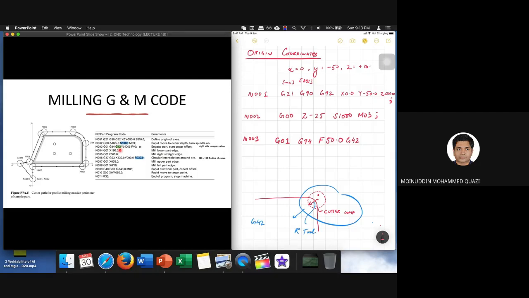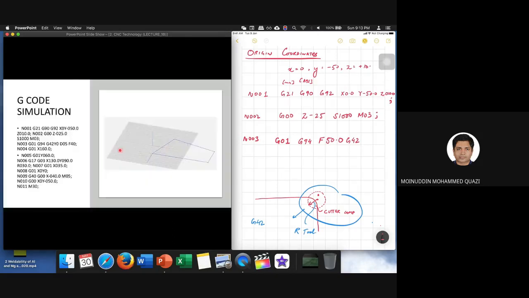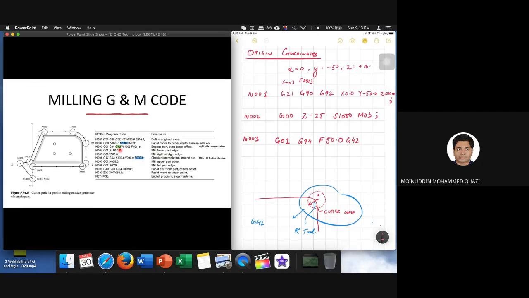How much is the diameter or radius? We have to use the diameter or radius code. I have the code with me. The cutter radius or nose radius must be specified in the block.